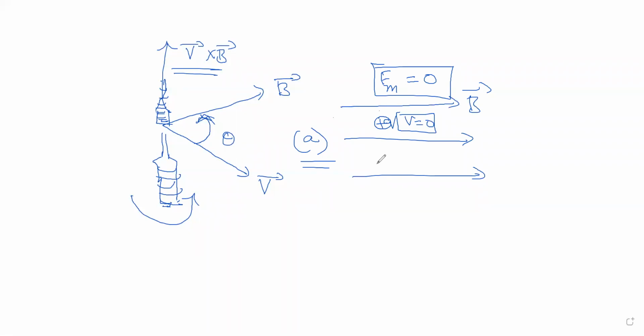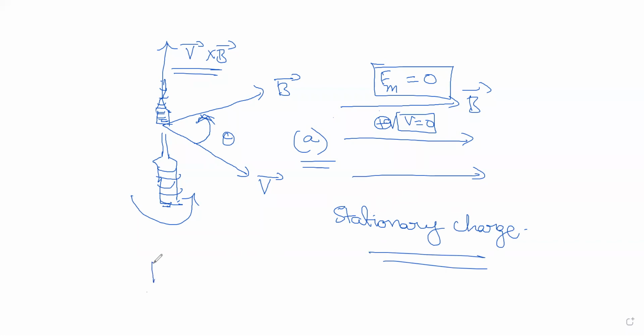Please note this. Case 1 is the charge is not in motion, that means it is stationary. So this is case 1. Of course, another case is a very trivial thing.